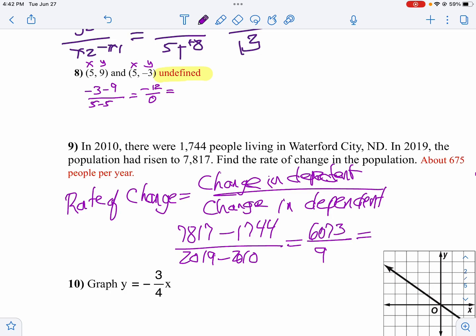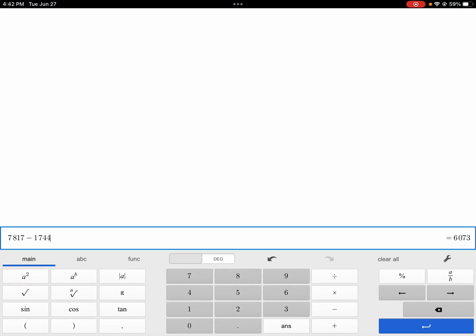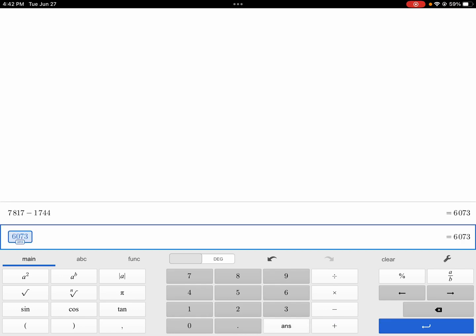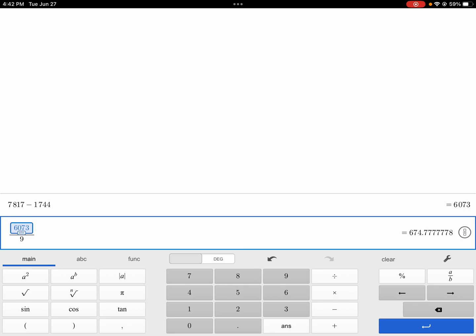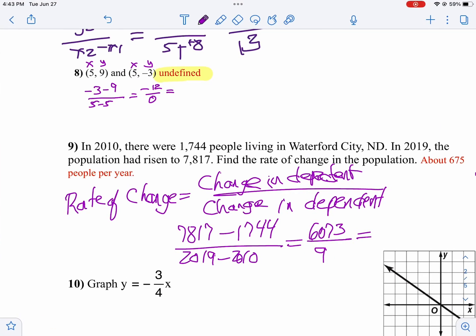Then we're going to divide that by 9. And we get about 675, we'll say. 675 is not correct. It's 675 people per year. You have to include the units on there.